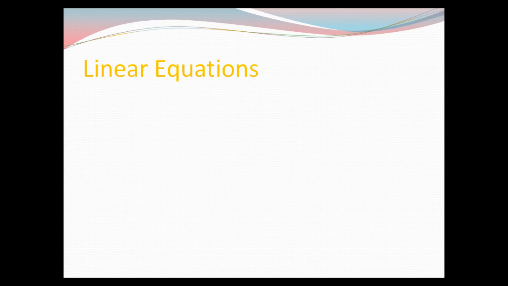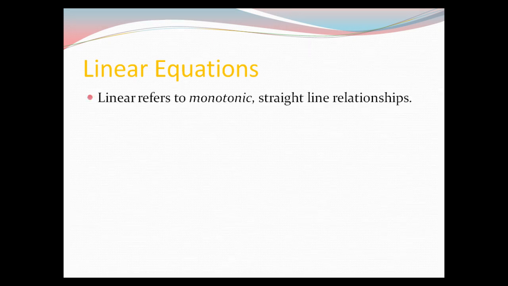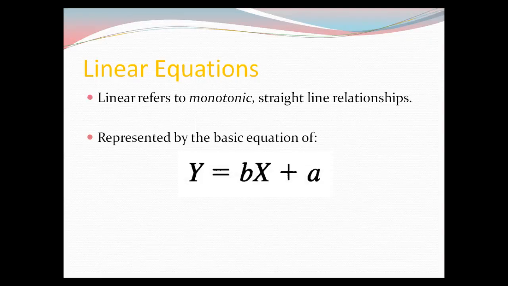The most basic form of regression is based upon linear regression, that there's this linear or monotonic straight line relationship. So it's represented by this basic equation, which you actually might be familiar with from high school algebra. So y, meaning the dependent variable, equals b, or beta, multiplied by x, which is your independent value, plus a, which is the intercept.